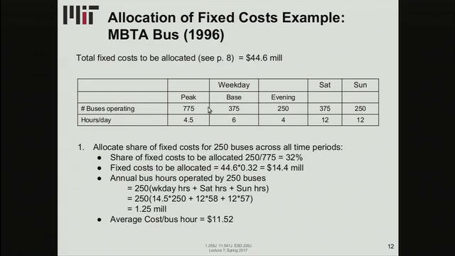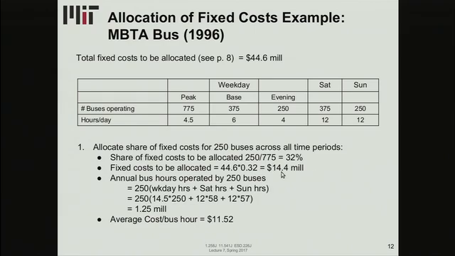And then there's an additional 400 buses that are operating only in the peak during the weekday. Okay? So let's allocate costs to the 250, the additional 125, and the additional 400, according to how long they operate and how much it costs based on the unit costs that we calculate in this example.